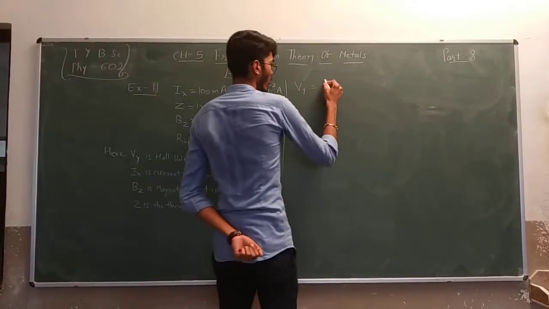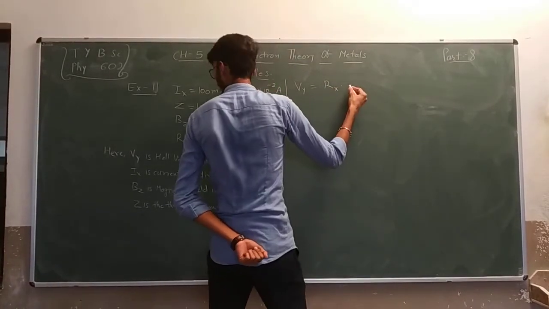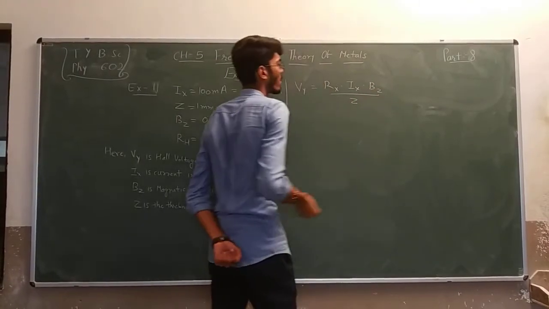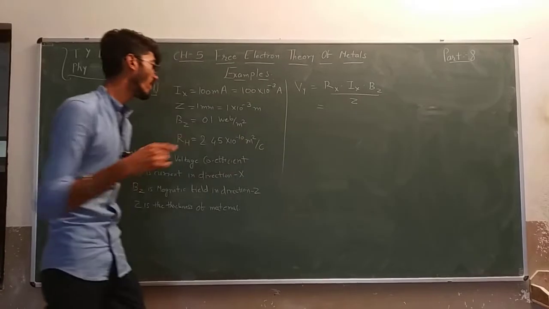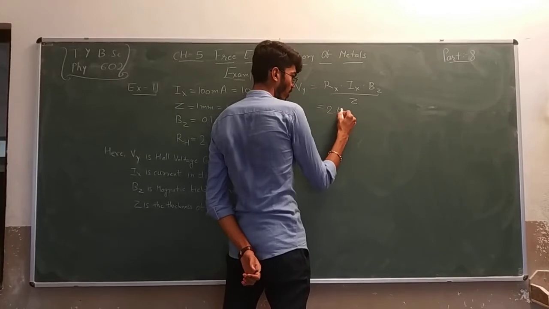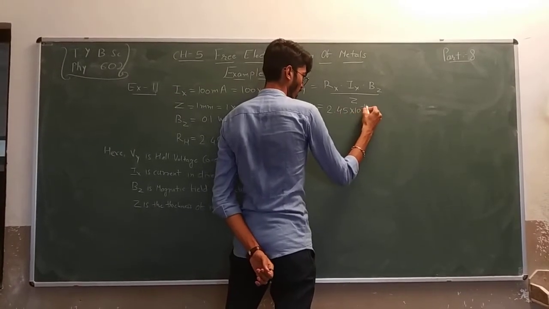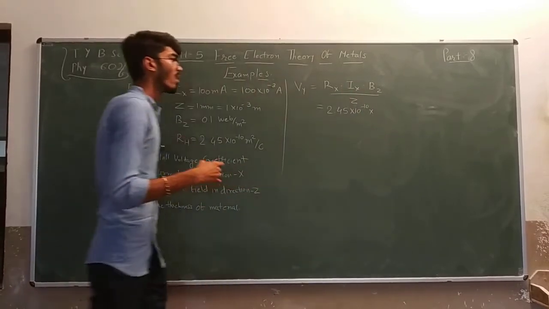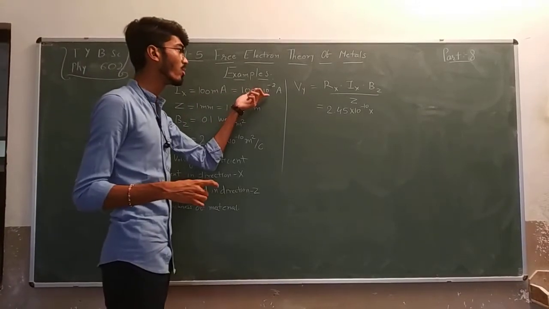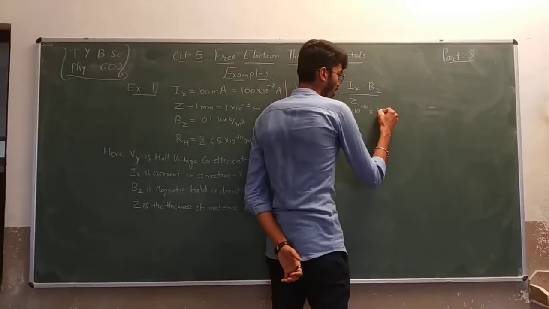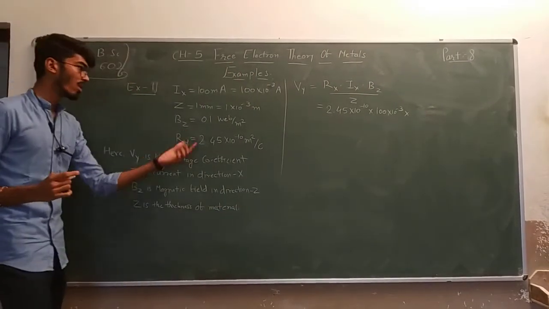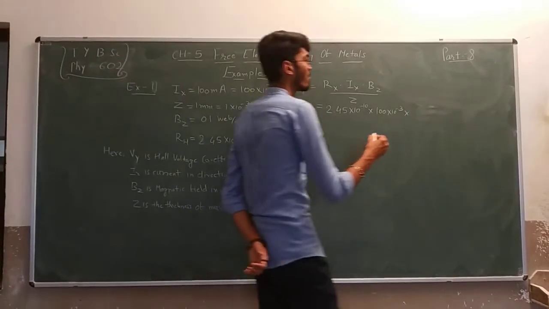The equation is V of Y is equal to R of H into I of X into B of Z upon Z. So here R of H is equal to 2.45 cross 10 raised to minus 10, into I of X. I of X is equal to 100 milliampere, so 100 cross 10 raised to minus 3, into B of Z. Our B of Z is equal to 0.1 Weber per meter square.